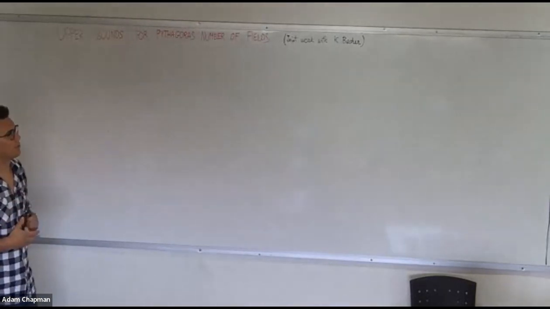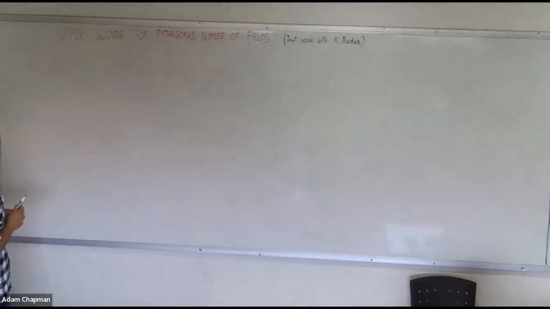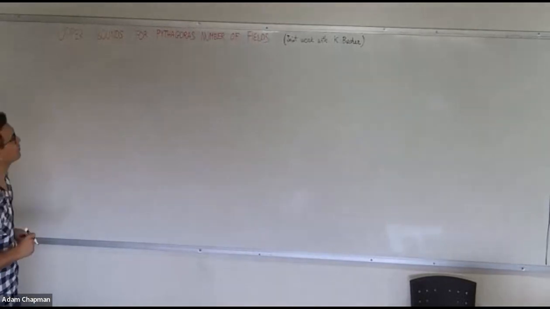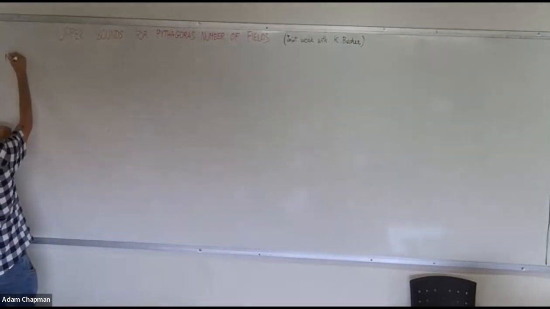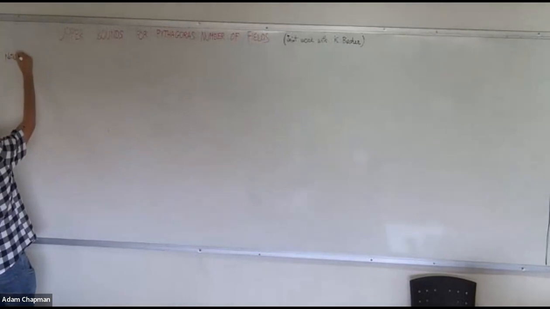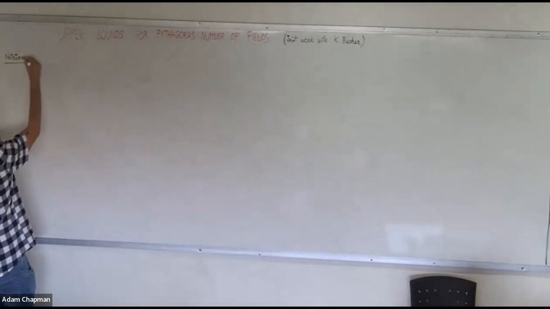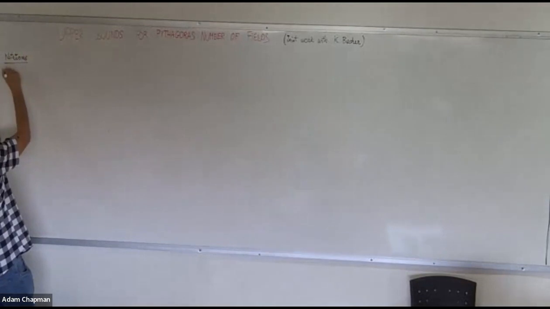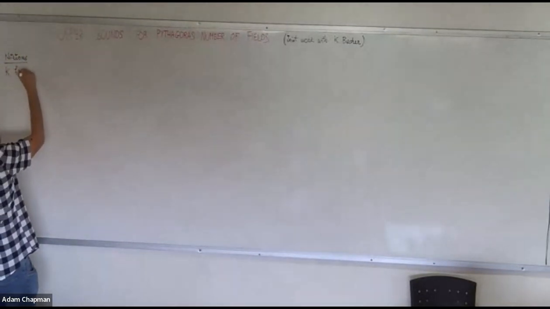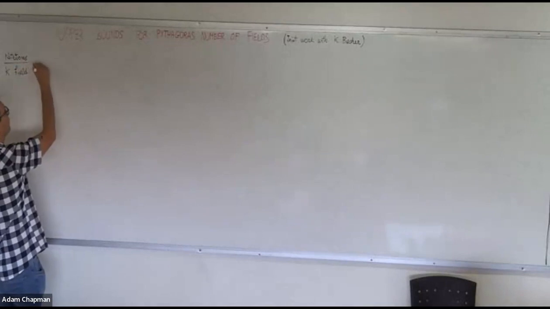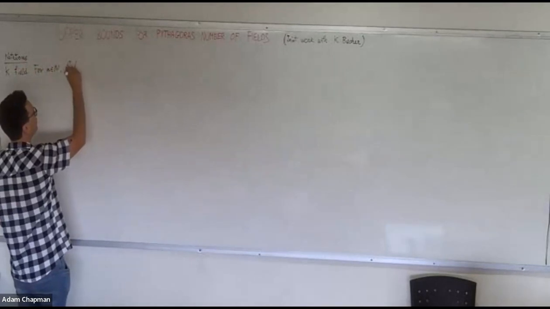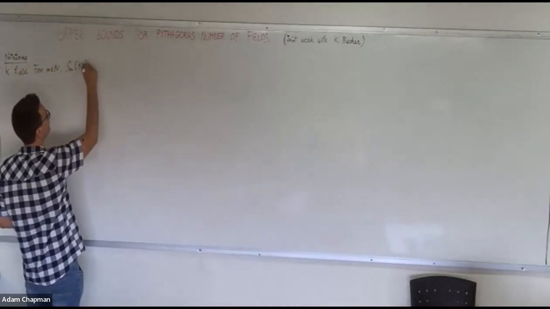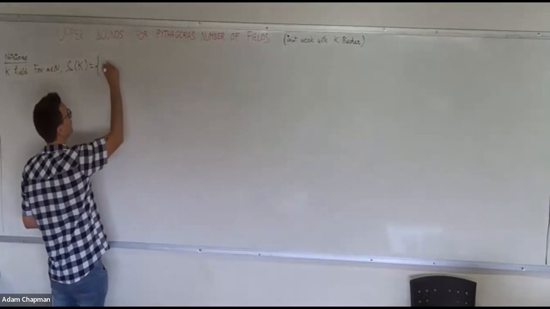And so I will anyway need to give the same definitions as last time, namely the Pythagoras number. So I will need a notation for the sums of n squares in a field, which I denote by S of n.